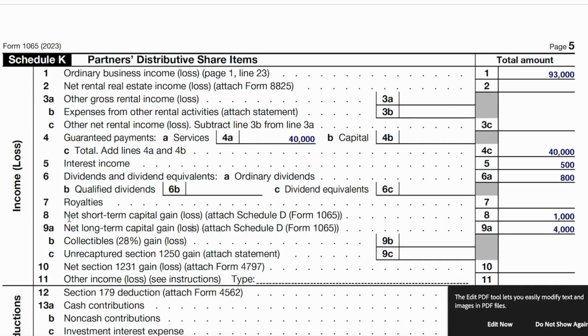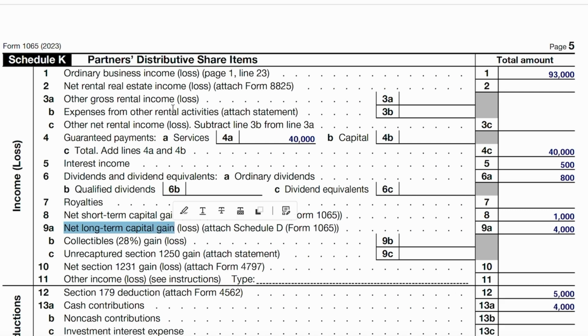If you see this line, net long term capital gain, this is very easy to explain. Let us say this amount was included in ordinary business income, then it will flow to all the partners, and we will not be able to identify if net long term capital gain is included in this amount, and it will be treated by all the partners similarly.